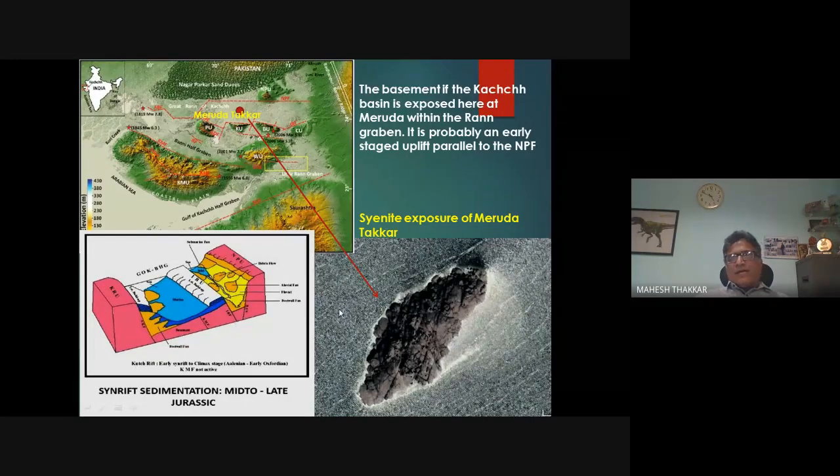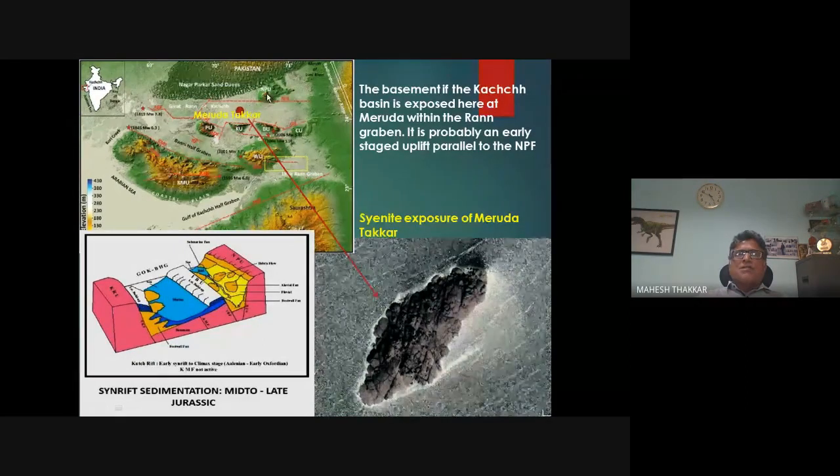What is important here is that these are syenite exposures. Syenite, in the sense that it is very much equivalent to the Precambrians of the Aravallis. So this could be a remnant of the Merudas, that means remnants of the Nagar Parker hills.